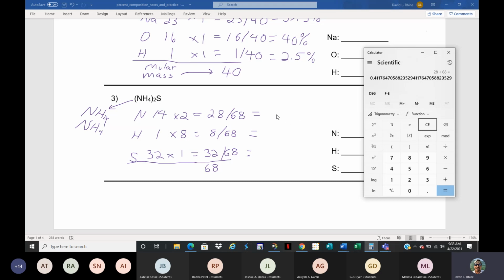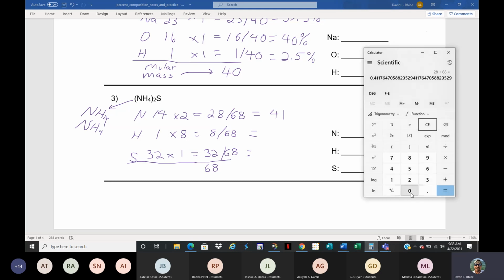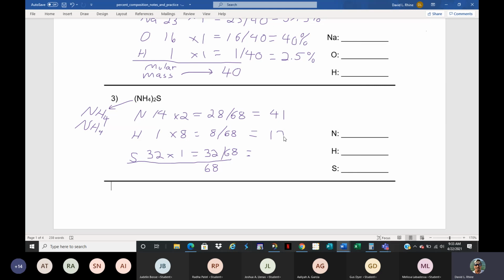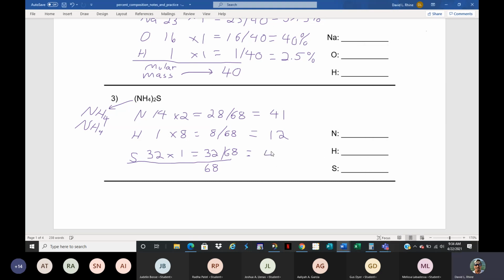Okay, I'm just going to call that 41%. Then we have 8 divided by 68. That's 11.7, so I'm going to round that to 12. Then you got 32. And we're going to call that 47. You add that up, it's 100.